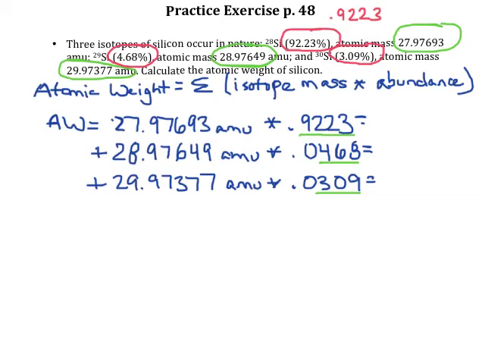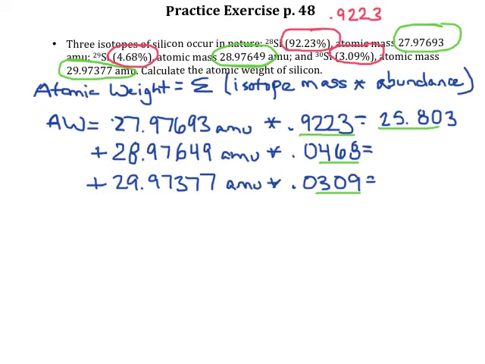If I go ahead and do the first one, I'm going to get an answer of 25.803. And I'm not writing absolutely everything that's coming off my calculator, but I am going to underline the ones that are significant so I remember that when I move forward. And these all have units of AMUs.